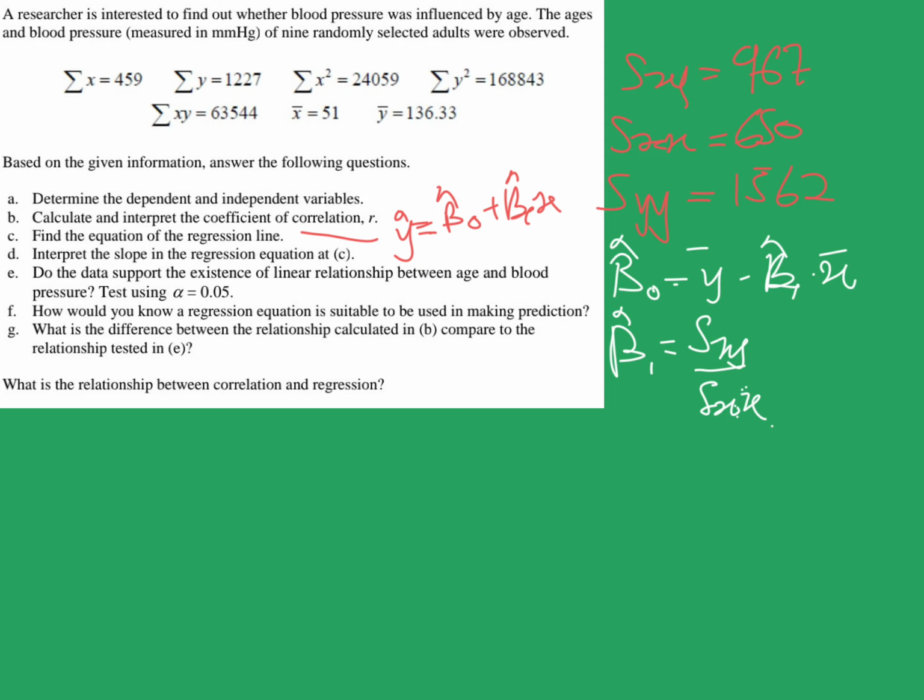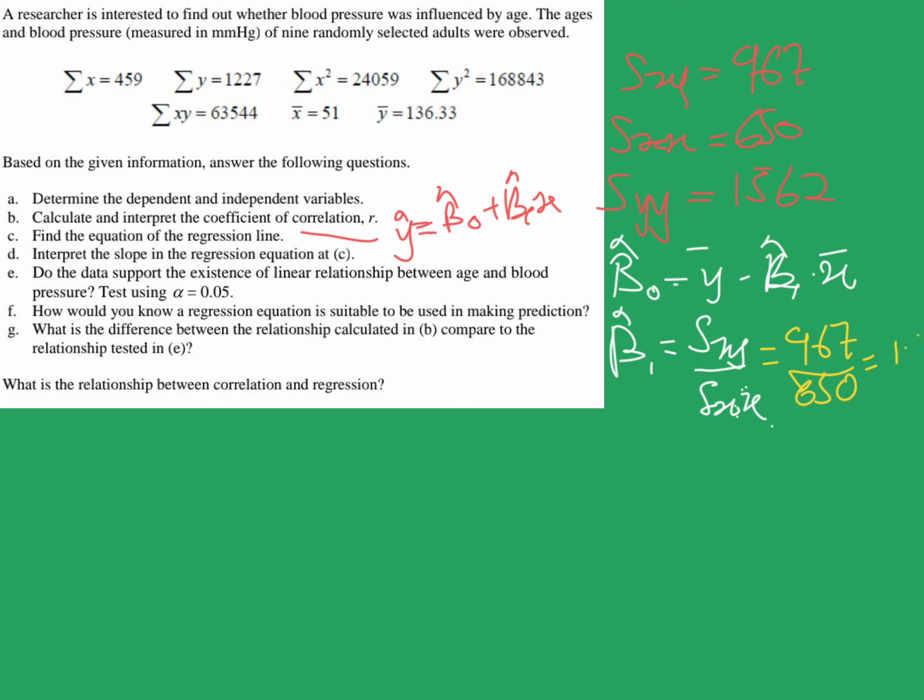Sxy over Sxx, which is already made available. So equal to Sxy 967 over Sxx 650, right? We already calculated this previously. So this will be equal to beta 1, which is 1.488.